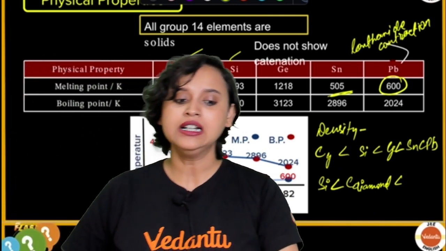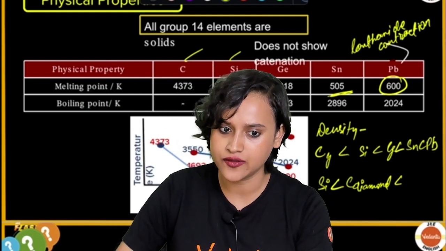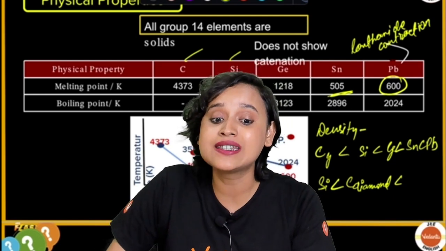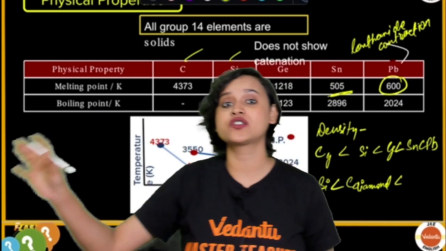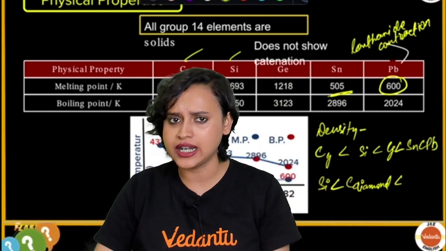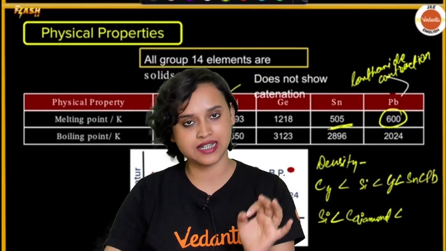All right, everybody. Apart from that, oxidation state, I have already told you, and I have told you about the stability. Now, you will see that lead in +4 oxidation state will have the least stability. However, lead in +2 state will have the highest stability.